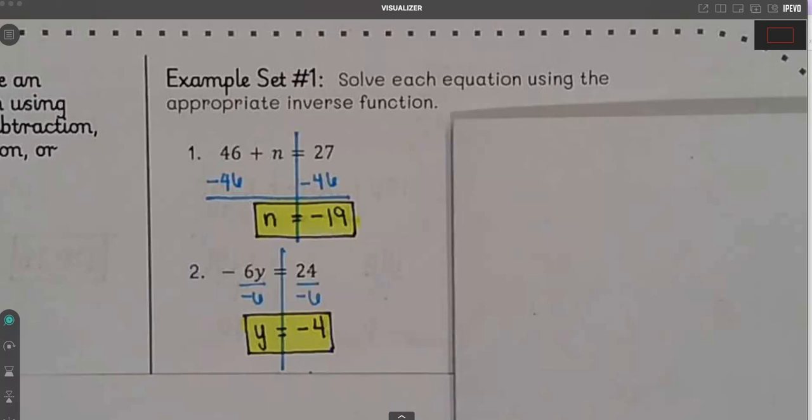Nothing? Just hold up the whiteboard. Show whatever's on the whiteboard. Number 6, right? You guys got 3.